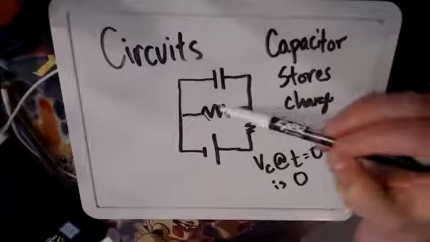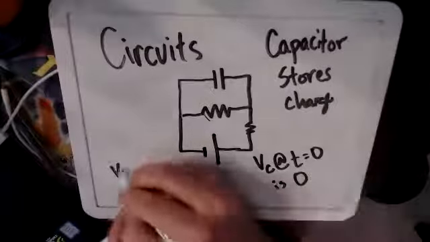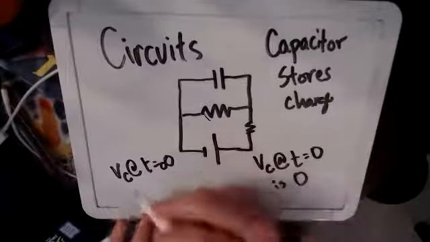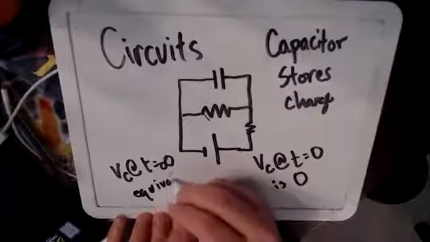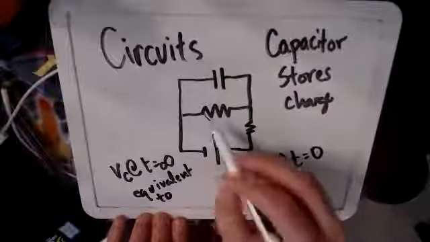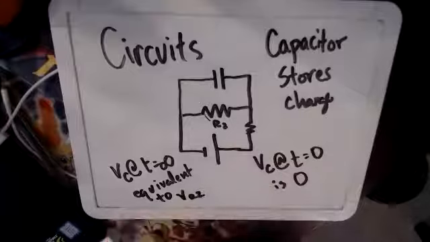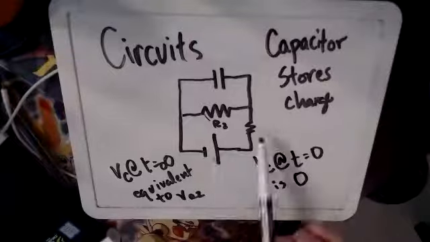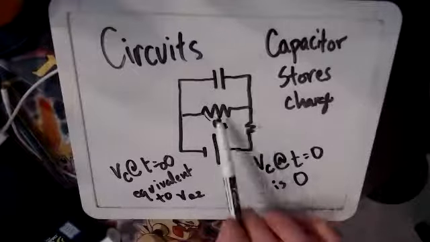Ultimately, we look at this being in series, these two resistors being in series, and these two being in parallel. And since they are in parallel, they have the same voltage. So the voltage in the capacitor at time equals infinity would be equivalent to the voltage in this, we'll call it R2. To get the voltage in R2, you just say I for our loop rule is V divided by R1 plus R2.